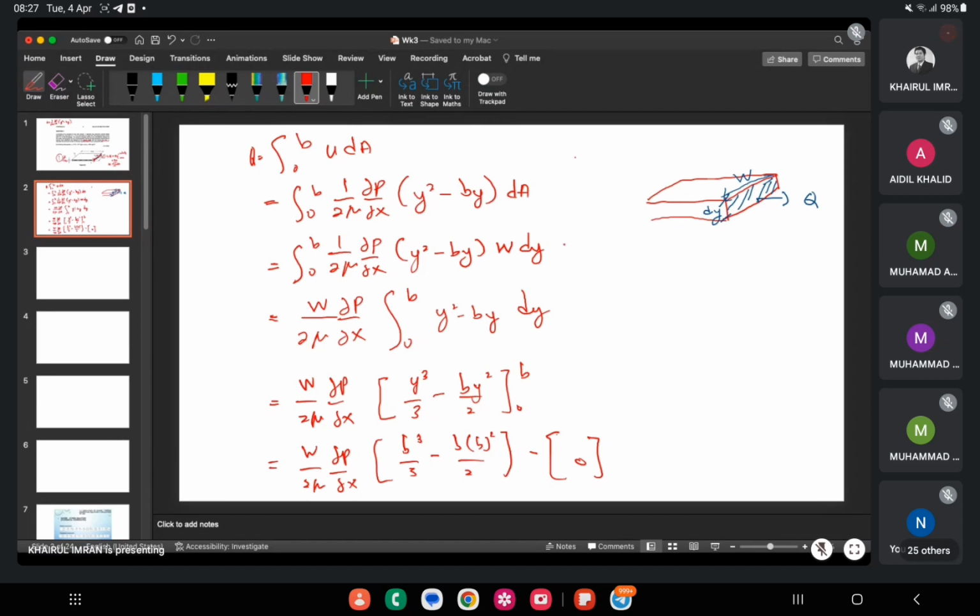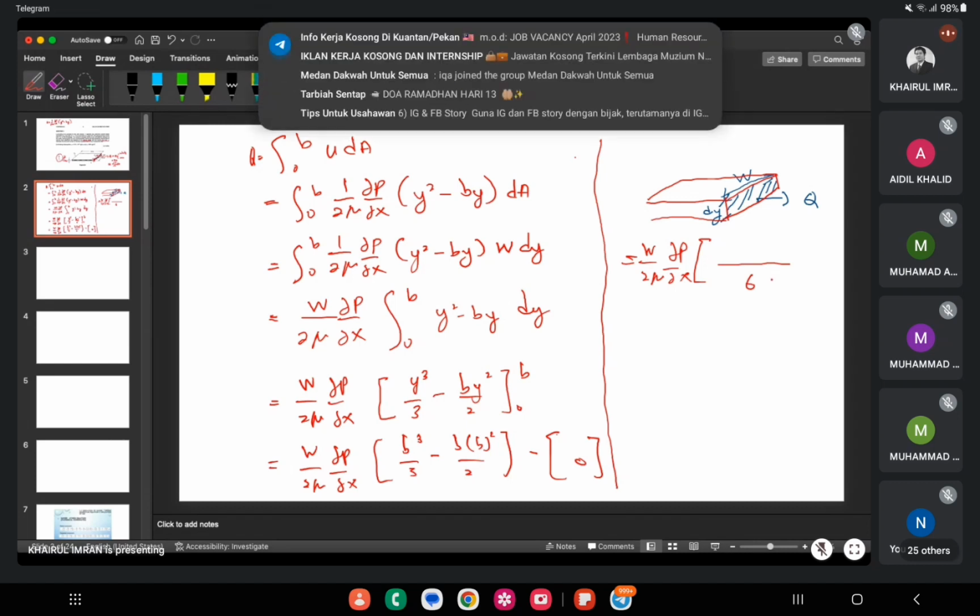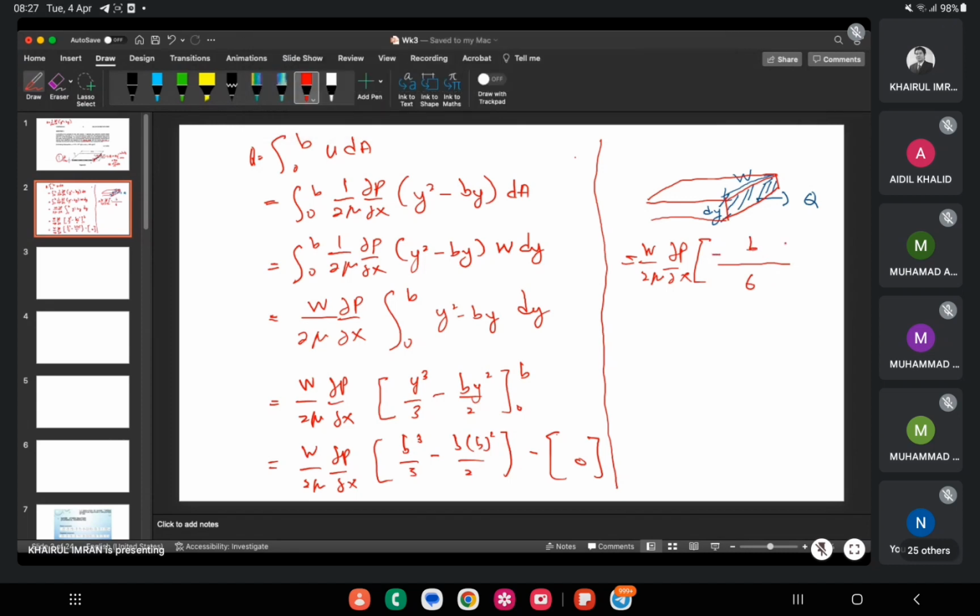Okay, so in the end kita boleh ringkaskan dia. So berapa jadi ni? Equals 1/2 mu del P over del X. So bawah ni semua boleh jadikan 6 kan. So B cube minus B cube. So negative B cube. Betul? Betul. Alright, semua dapat.